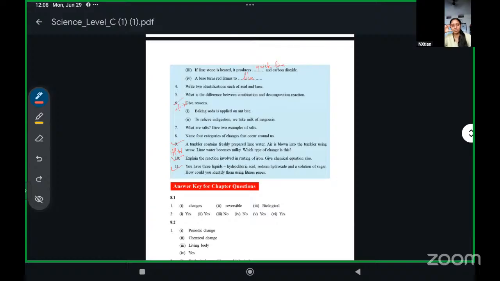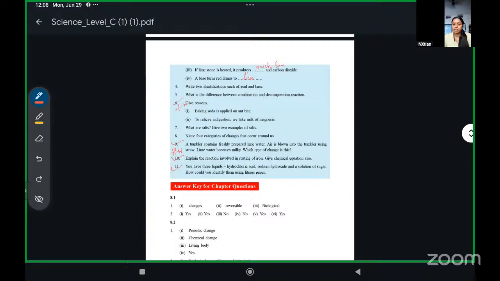Take turmeric and add water to it to make a solution. It shouldn't be very thick or very thin, a medium consistency solution with turmeric powder.